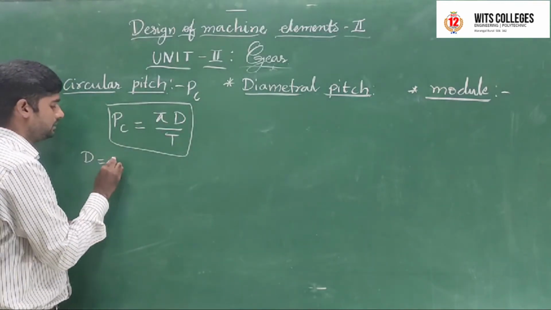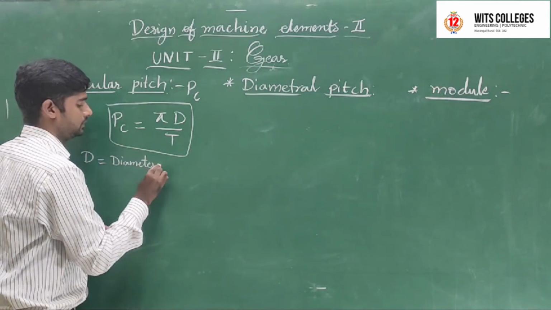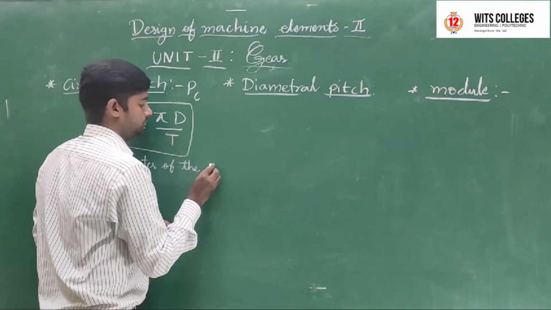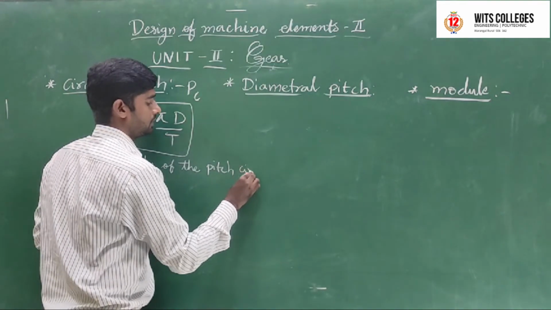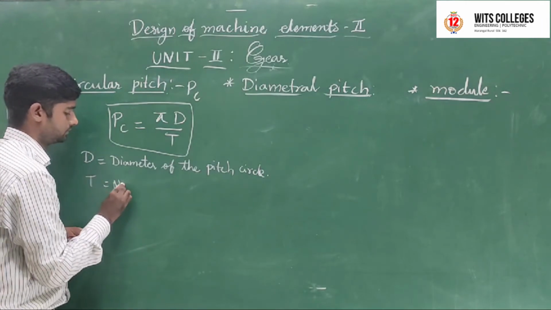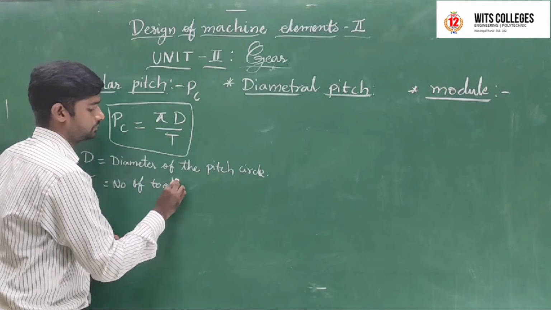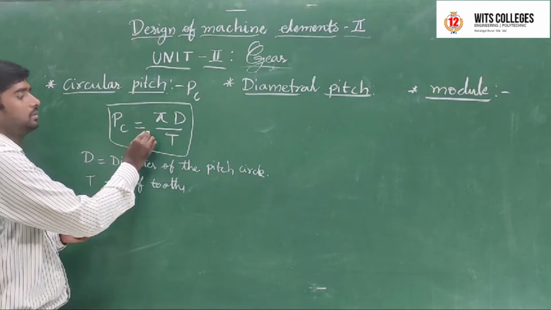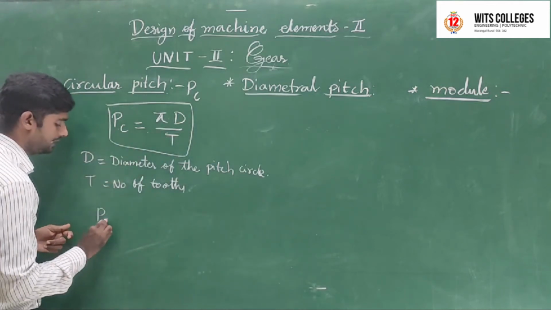D is equal to the diameter of the pitch circle. T is equal to the number of teeth. So PC is equal to pi D by T.